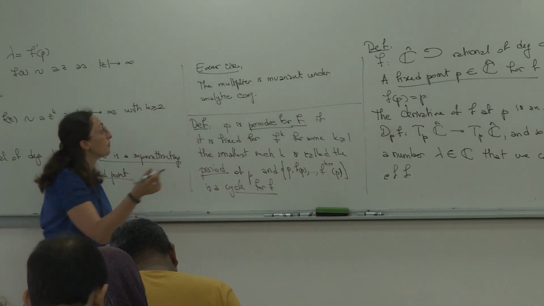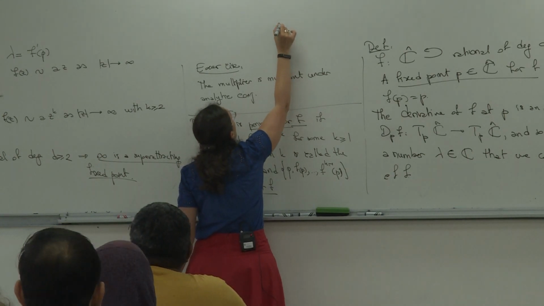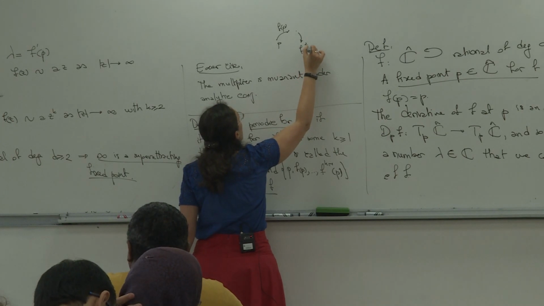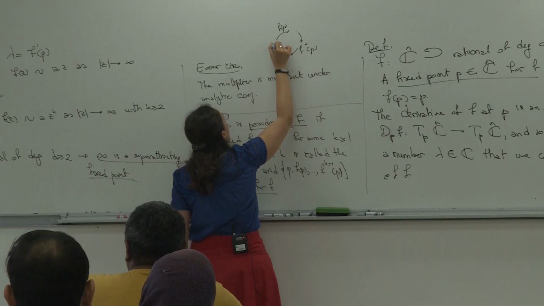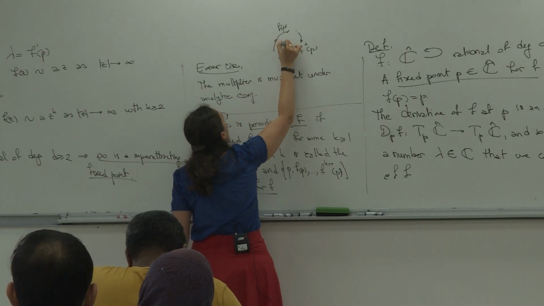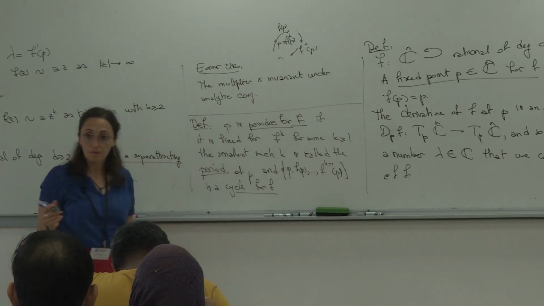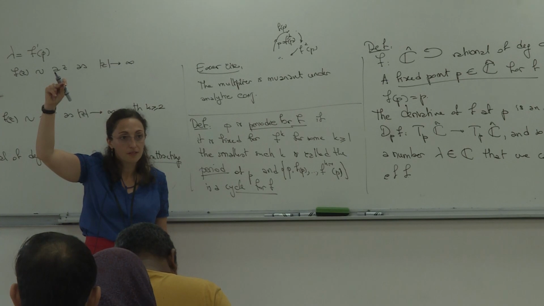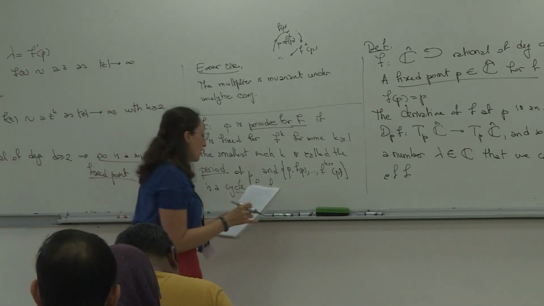So a cycle, because what you're having is that you have P, f of P, then you go to f iterated 2 times of P, and then, well, you iterate some times, and then at some point, you get back to P. Okay? So this is why it's a cycle, because it came back to itself. Are we good?